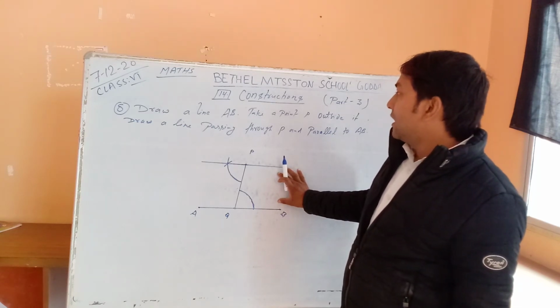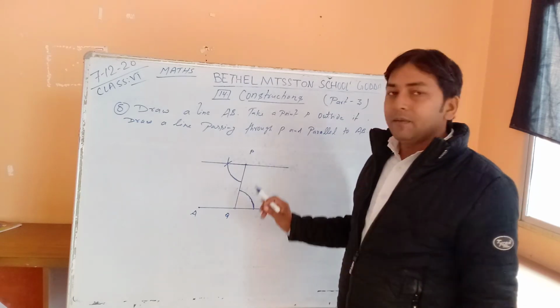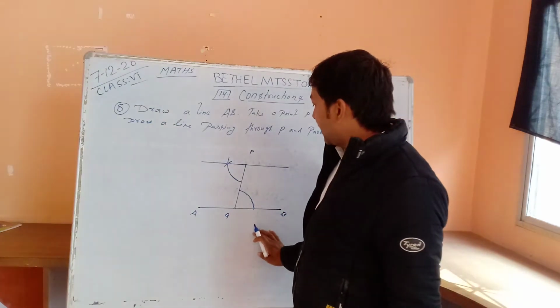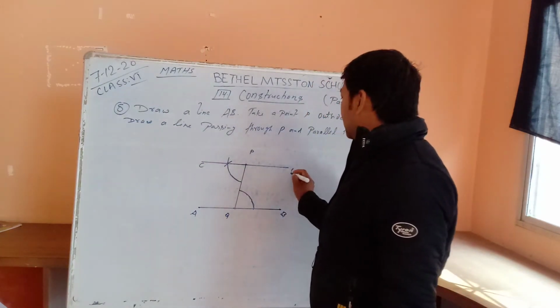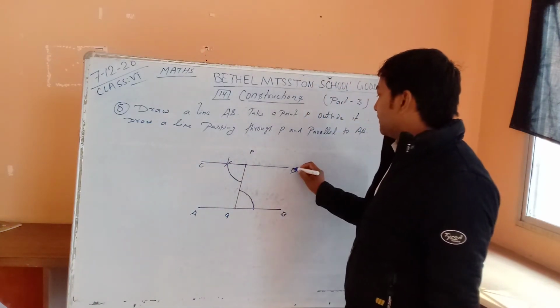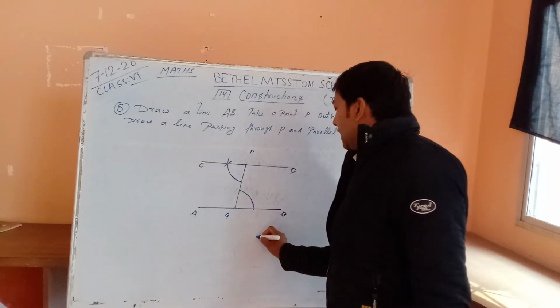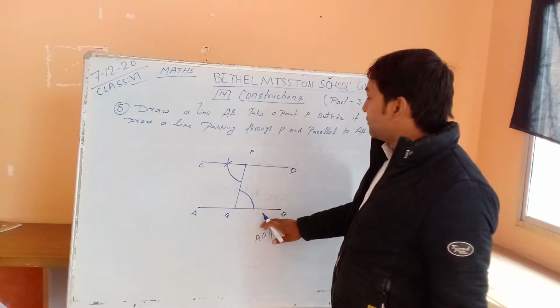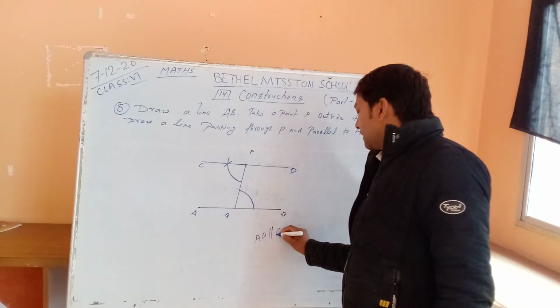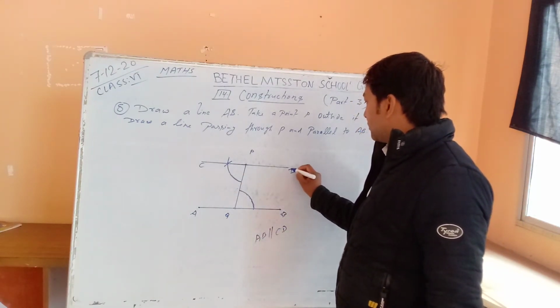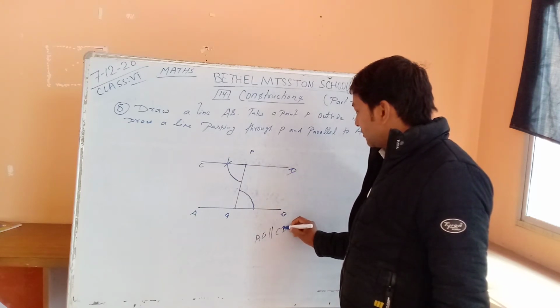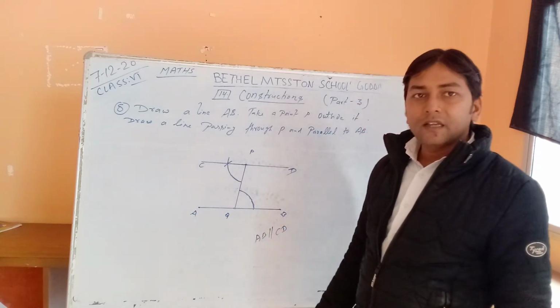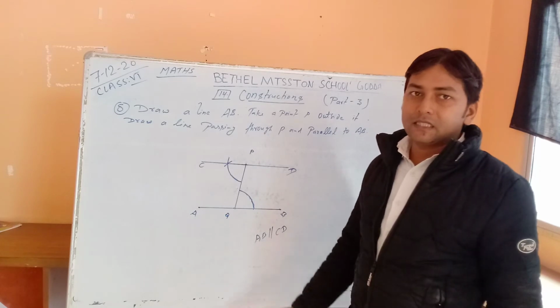You can give a name, that is AB and that is CD. Now AB is parallel to CD. Now the answer is completed.